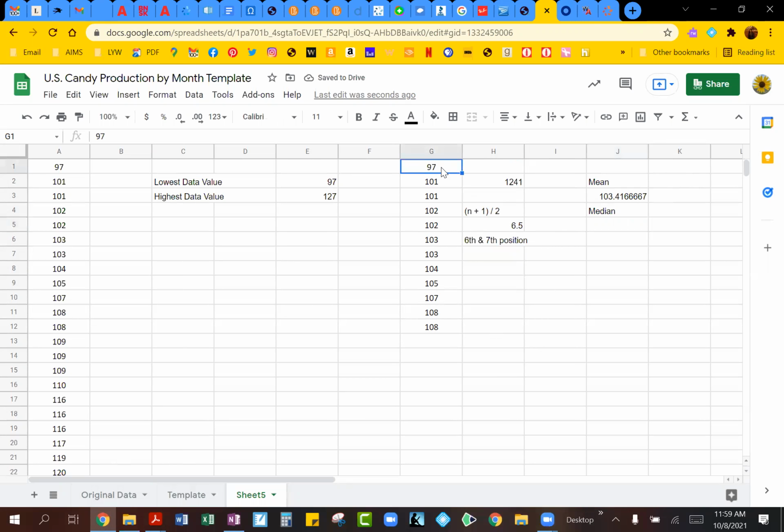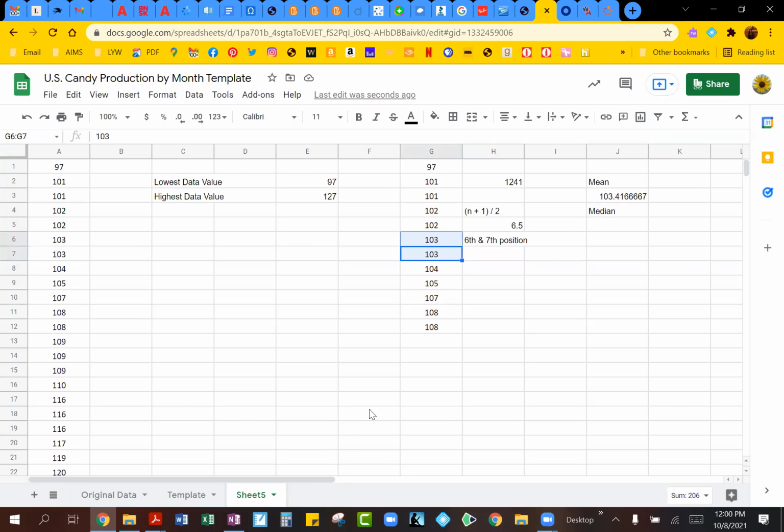So for our median calculation, if you start at the top, that's going to be the first one. So that's 1, 2, 3, 4, 5, 6, and 7. So you can see in the 6th and the 7th position, we have 103. Even if you start counting from the bottom, it should be the same two numbers. So if you think of 108 as being the first number, that's 1, 2, 3, 4, 5, 6, and 7.